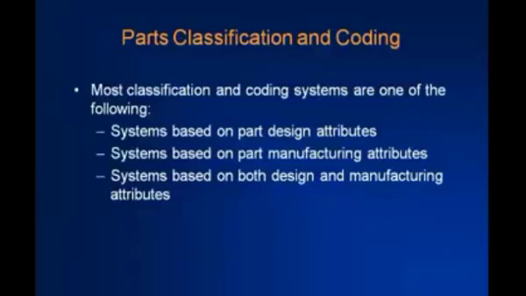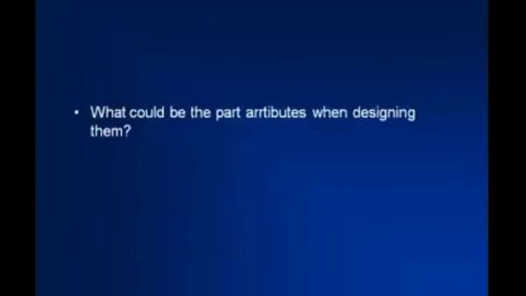Similarly, systems based on both design and manufacturing attributes. So this classification and coding could also be done based on both the design and manufacturing attributes. So let's see what the design attributes are when designing. What could be the part attributes when designing them?